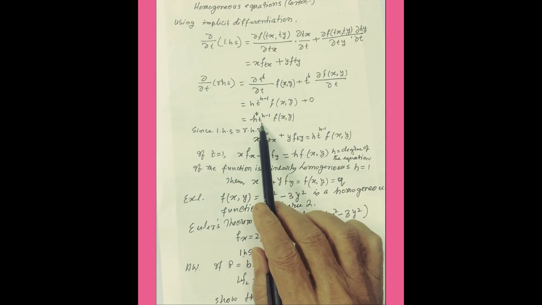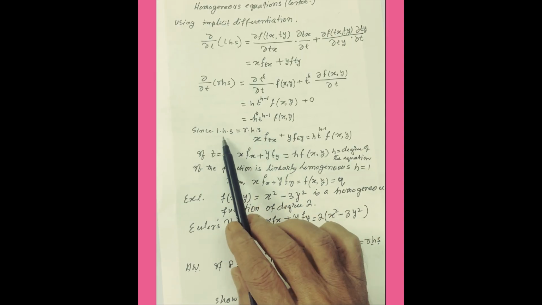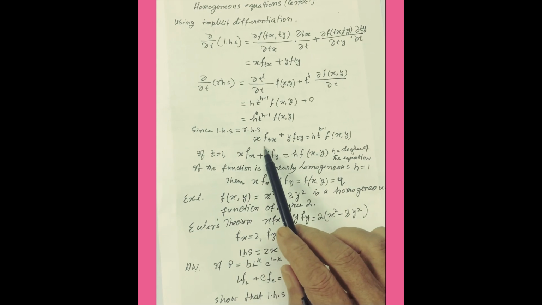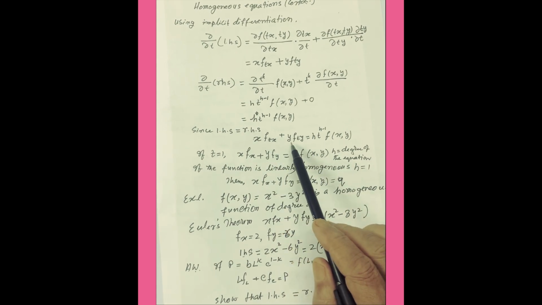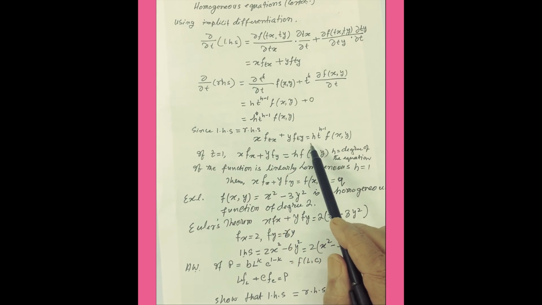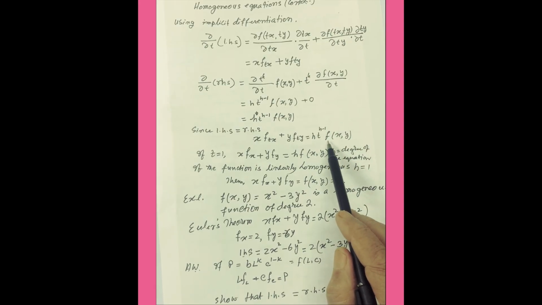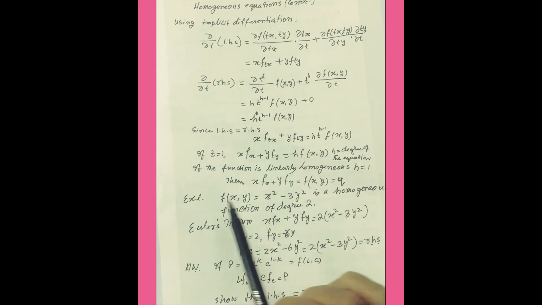Since left hand side is equal to right hand side, x f_tx plus y f_ty is equal to h t to the power h minus 1 times f(x, y).